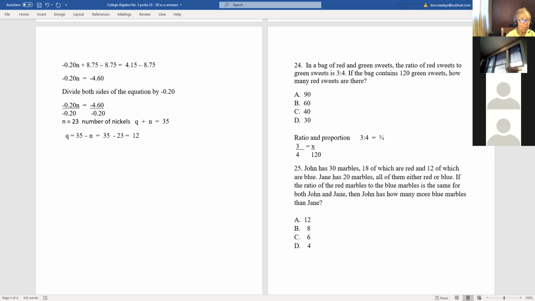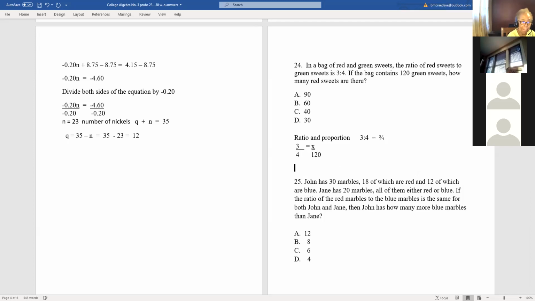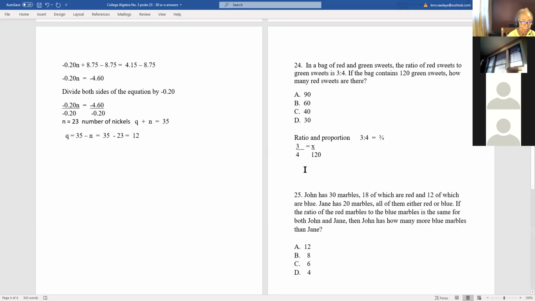So how would you solve for your x? You're going to cross multiply. Okay, so let's cross multiply. What would that give you? 4x equals 360. 4 times x is equal to 4x. 3 times 120 is equal to 360.